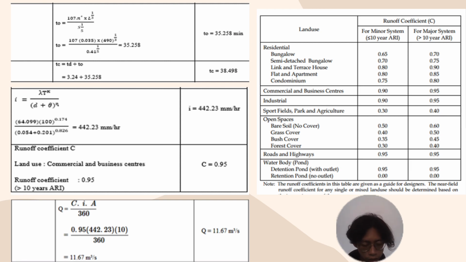And then the last one, we'll find out the Q, which is the peak flow in meter cube per second. The formula is Q equals CIA divided by 360. So you get the Q or peak flow, which is 11.67 meter cube per second.